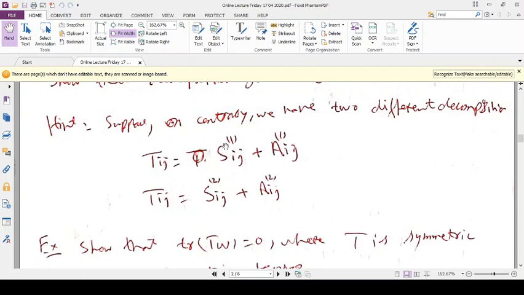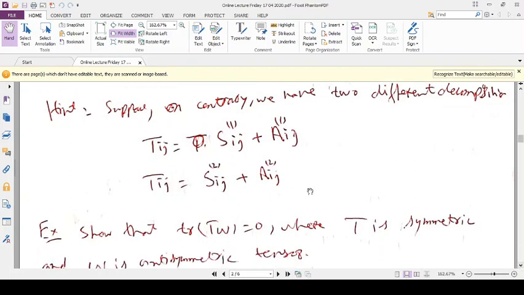This is the symmetric part, this is the antisymmetric part, and then this is the second decomposition. This 2 denotes that we have a second decomposition. So using this, starting from here, you will show that this decomposition is the same, that you have to show that Sij 1 is equal to Sij 2, and Aij 1 equals Aij 2.